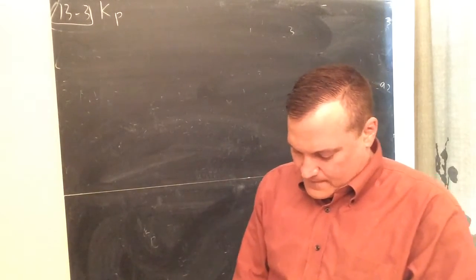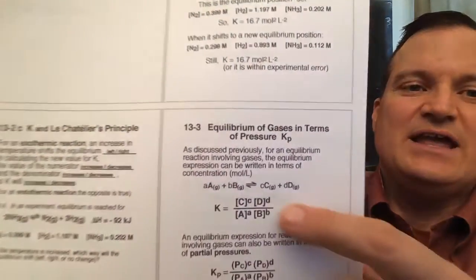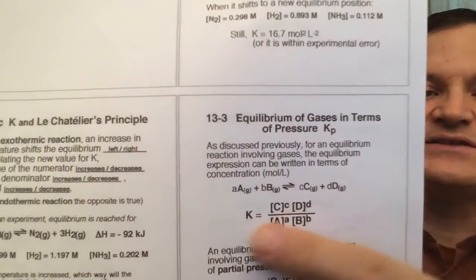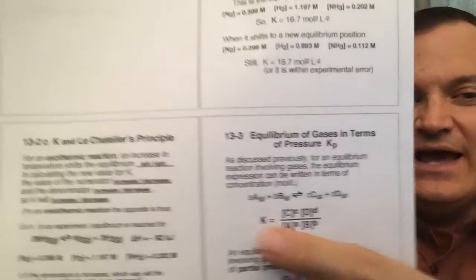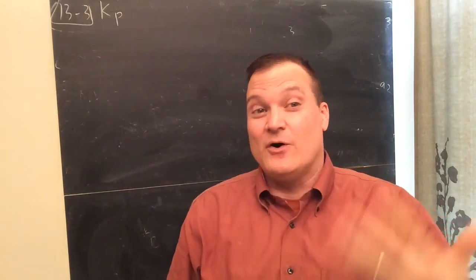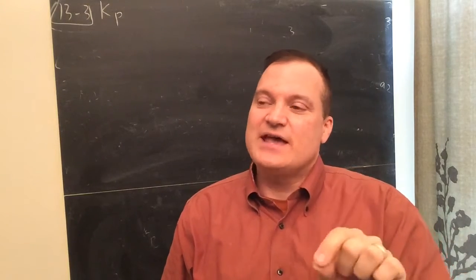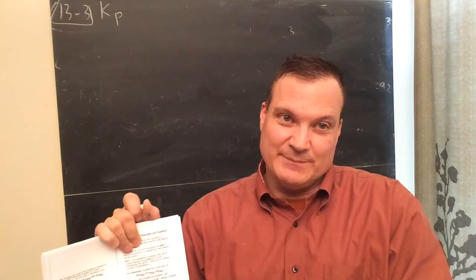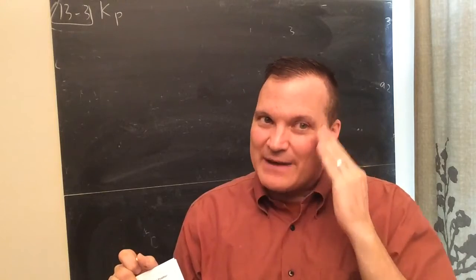Now, I already told you that you can write the K expressions in terms of molarity. It's called K or Kc. By the way, the problems that you're doing came from an old Zumdahl textbook. Your textbook might have changed it a little bit now. I don't remember by looking at it.